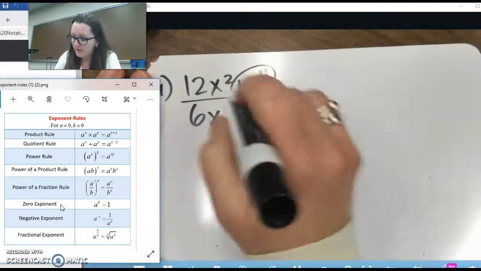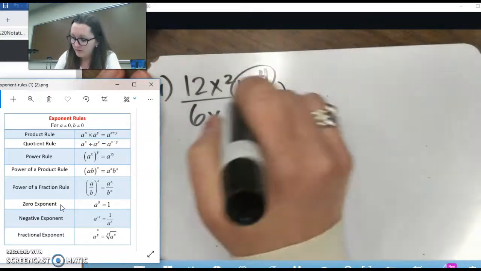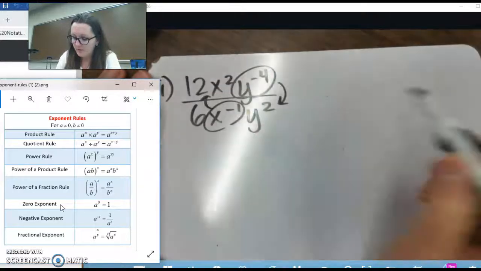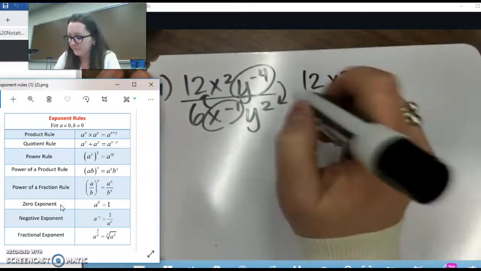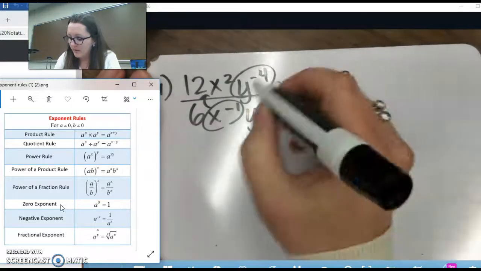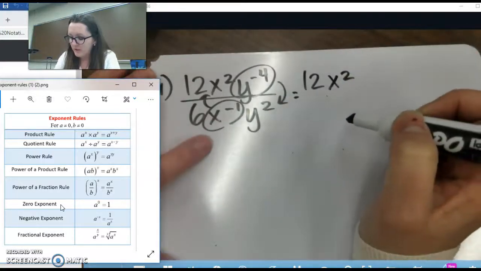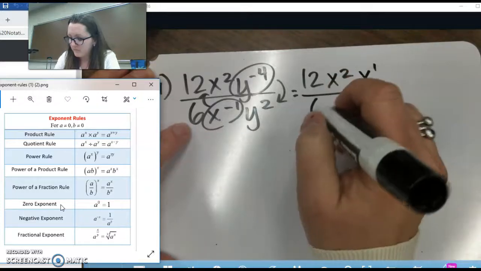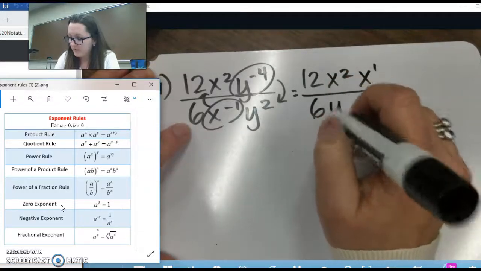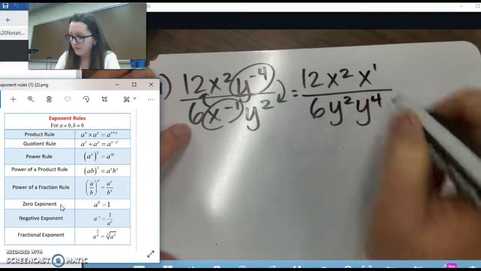So any negative exponent, I'm going to move to the other side. My 12 and my x squared stay in the numerator. My y to the negative 4th moves down, and my x to the negative 1 moves up. 6 y squared y to the 4th.